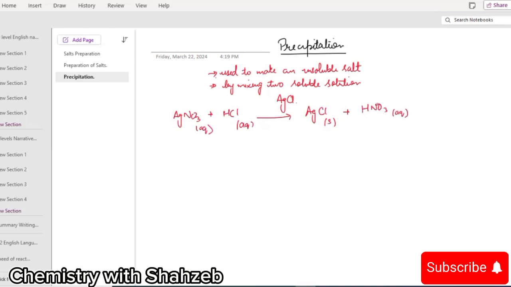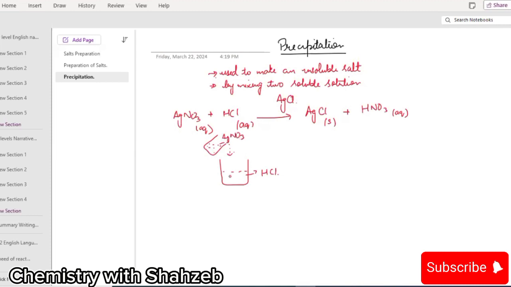But what is actually happening here? First of all, we are going to take HCl in a beaker, and then we are going to add this AgNO3 in it. Then what happens?